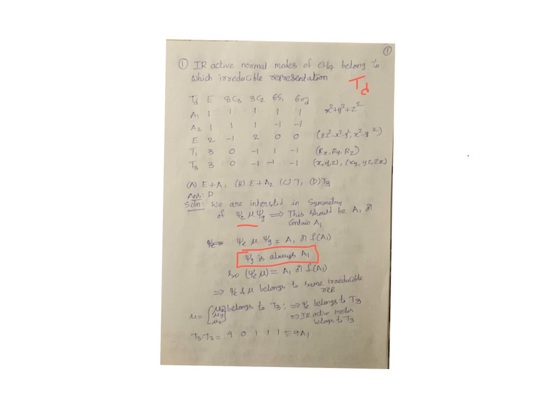Then we come to psi e mu. If the total function should be A1, then psi e mu should also be A1. As we know, any irreducible representation Ai multiplied by itself will give A1. So if one is A1, of course the other should also be A1.